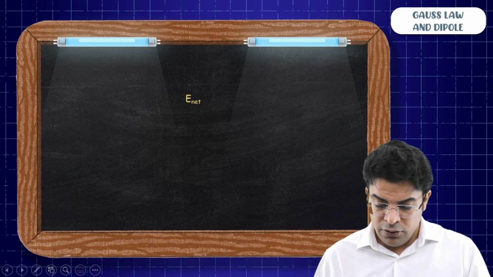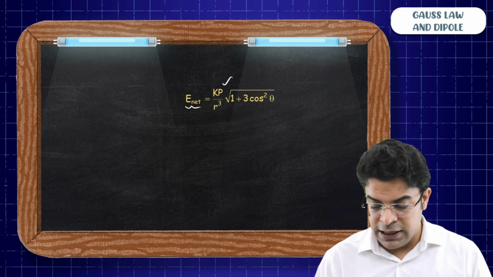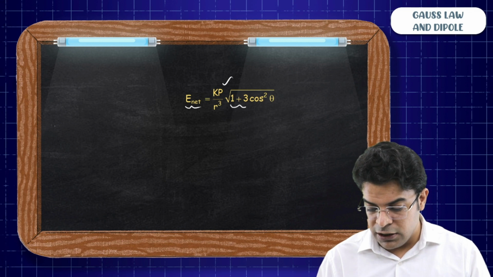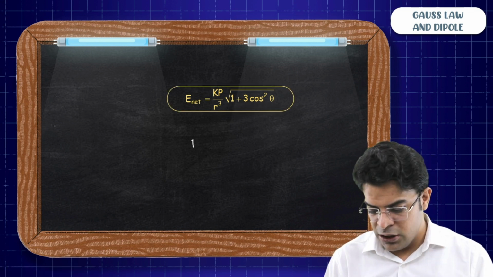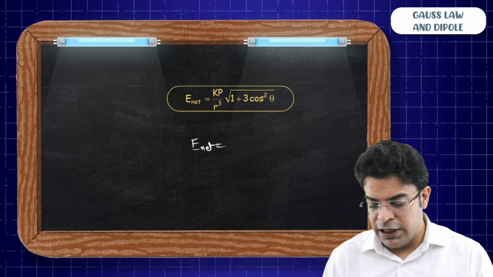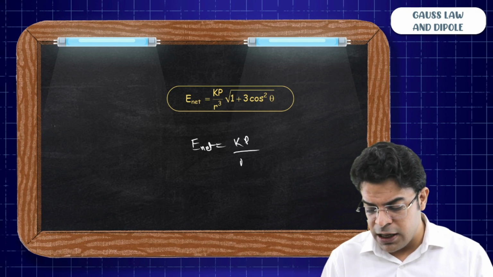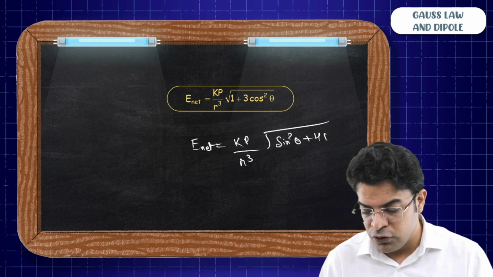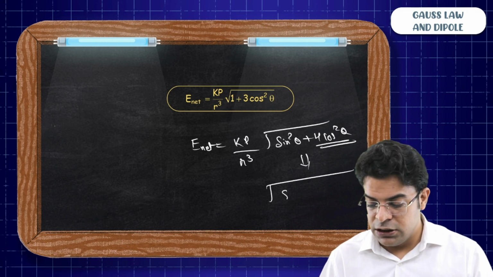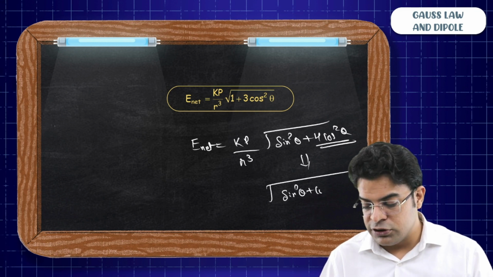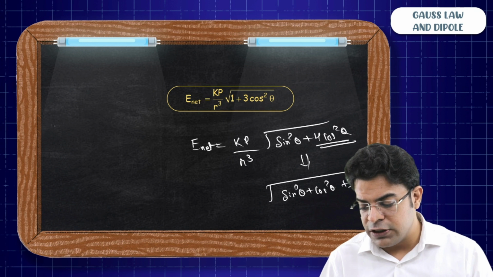Now we can write E net as kp by r cube into under root of 1 plus 3 cos square theta. Sir, how do you get it? Easy. We have just written E net equals kp by r cube into under root of sin square theta plus 4 cos square theta. Think of this 4 cos square theta as sin square theta plus cos square theta plus 3 cos square theta.